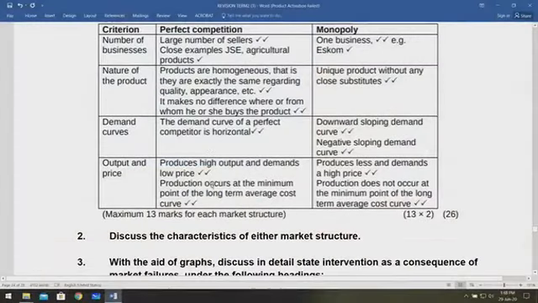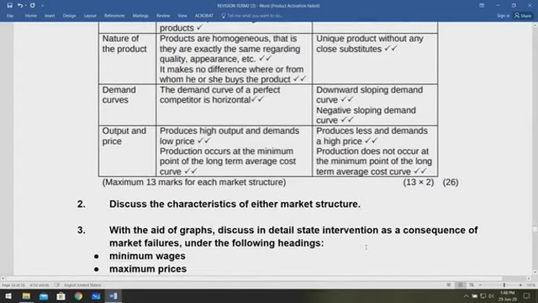The same thing with essay 2, it says discuss the characteristics of either market structure. What I mean here is they can ask you to discuss the characteristics of the monopoly, monopolistic competitor, or the oligopolist for 26 marks. Remember, I'm only looking at the 26 marks here.